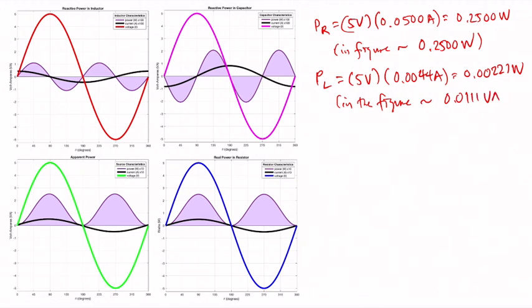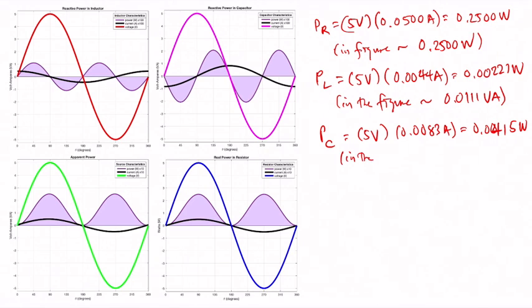0.0111 volt amperes. Okay, and for the capacitor we have 5 volts times 0.0083 amperes, which gives us 0.0415 watts or volt amperes.